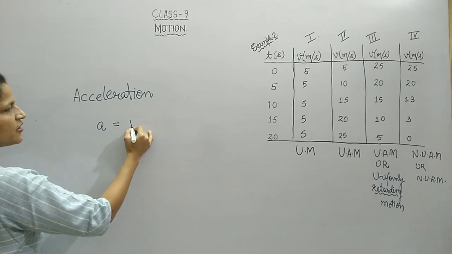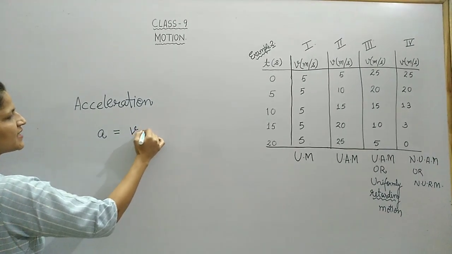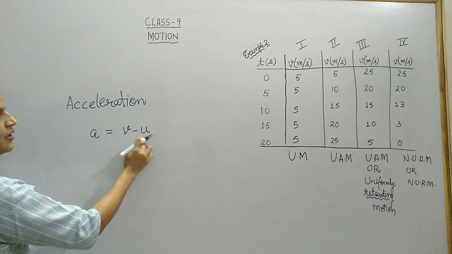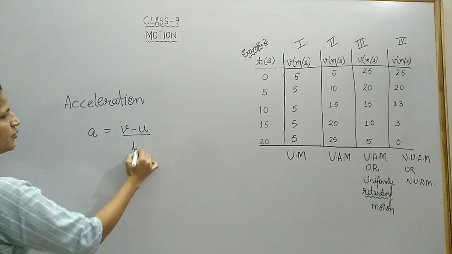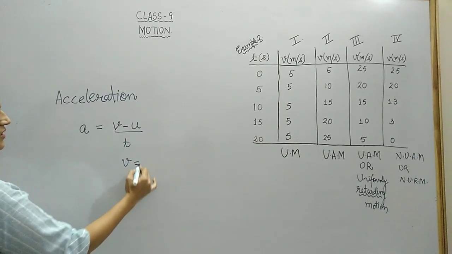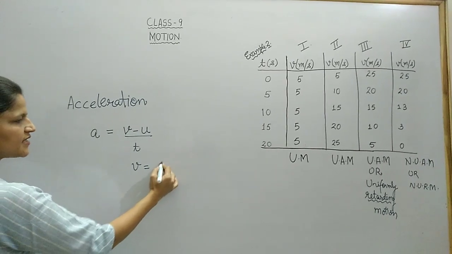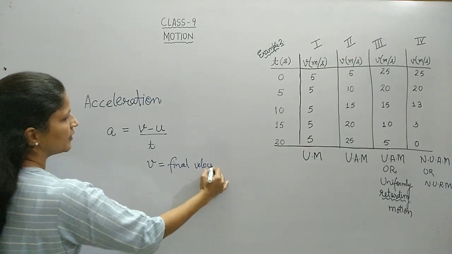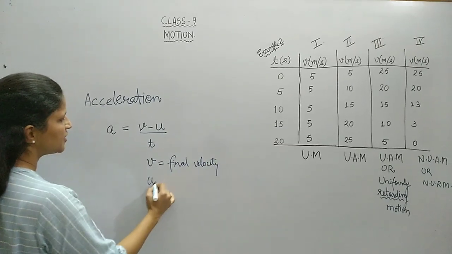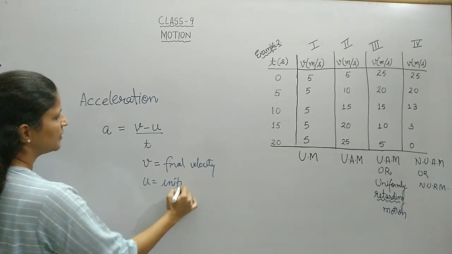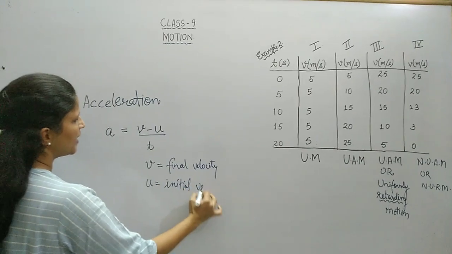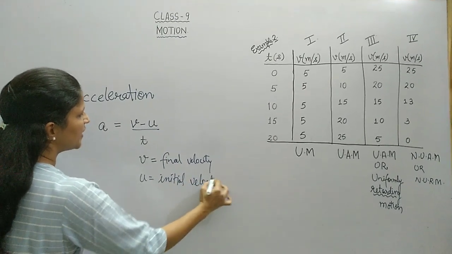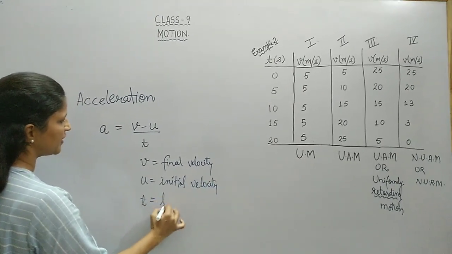So velocity changes by some amount v minus u. V and u are the different values of velocity. V is known as the final velocity of our concern. U is known as the initial velocity of our concern. And t is the time interval which we are observing.